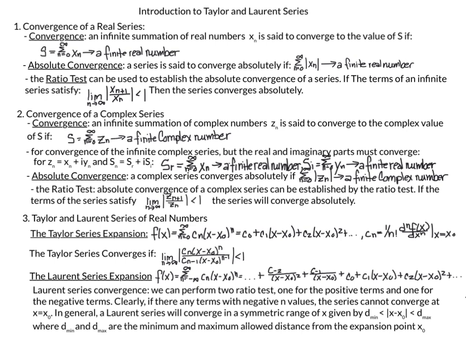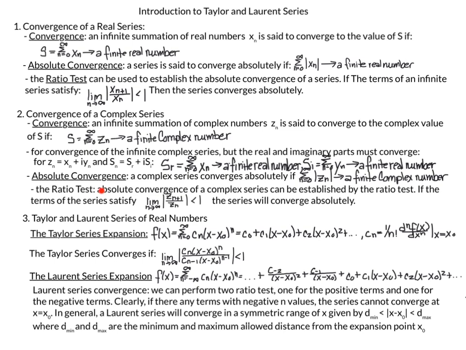So if z_n is equal to x_n plus i y_n, and S, the number that it's converging to, is equal to S_R, the real part, plus i S_I, the imaginary part, then S_R must approach a finite real number, and S_I must also approach a finite real number. And then we say that a complex series converges absolutely if the absolute value of z_n approaches a finite number.